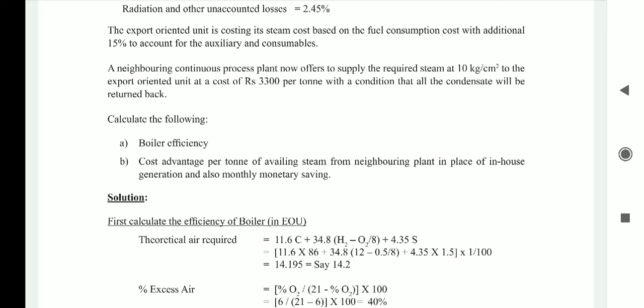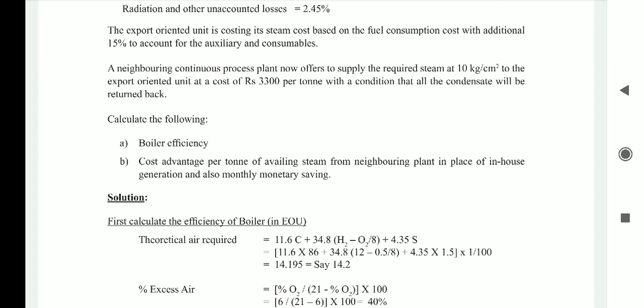First, we calculate the efficiency of the conventional system, where we have a boiler and produce our steam need alone. Then second case, without our boiler operation, we can directly purchase the steam from the neighboring process plant at a particular rate and use that steam.